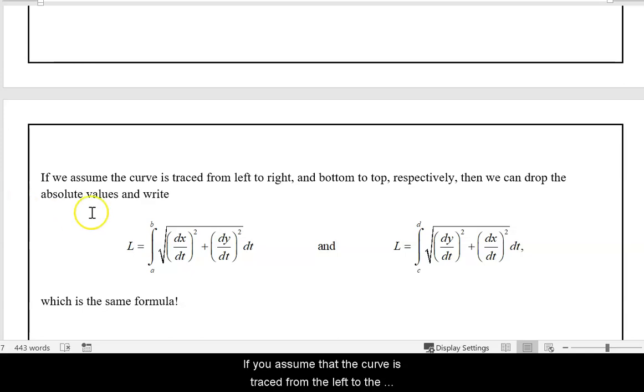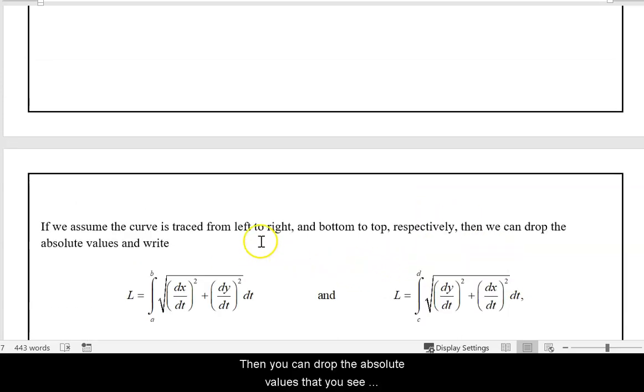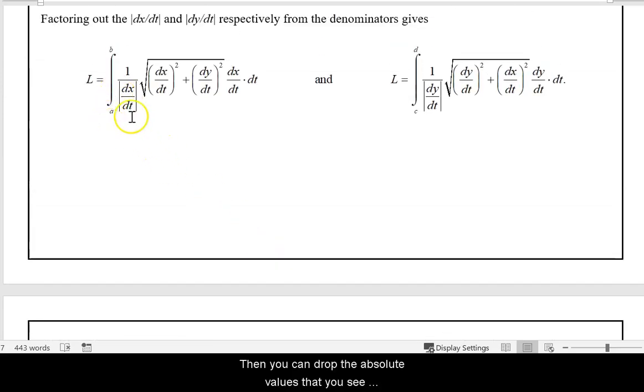If you assume that the curve is traced from the left to the right, from smaller numbers to larger numbers with respect to x, and from the bottom to the top, or from lower y values to larger y values for the equation on the right, then you can drop the absolute values that you see in this equation here.